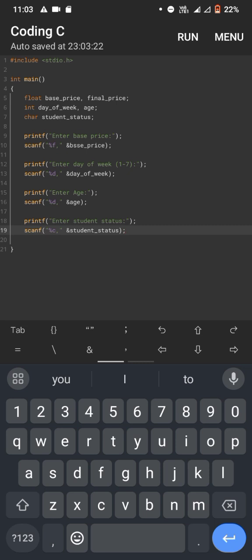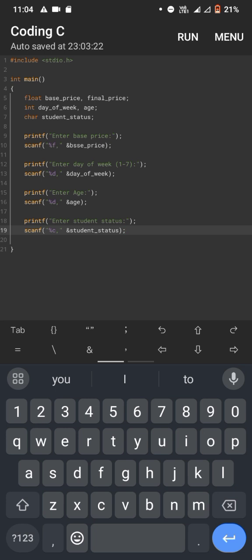So before we proceed to the next steps, I will first explain what I input. Base price: the user is asked to enter the base price of the ticket, a floating point number.